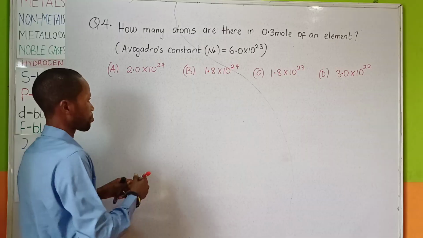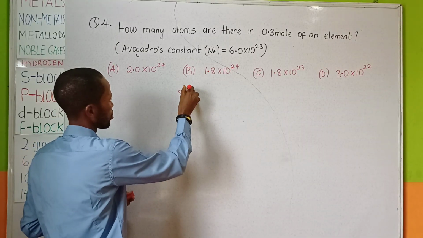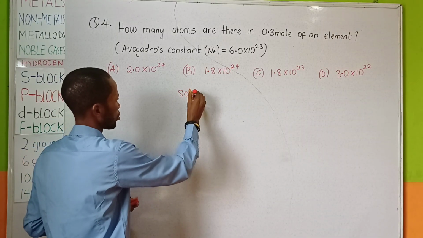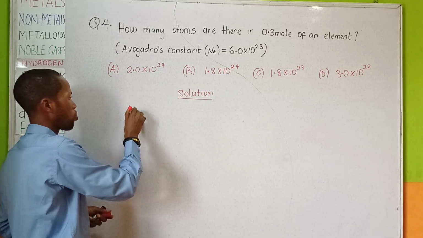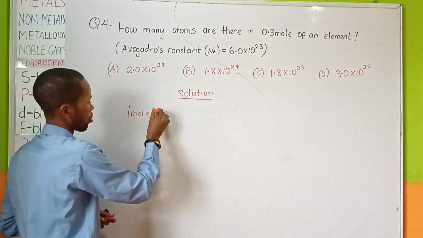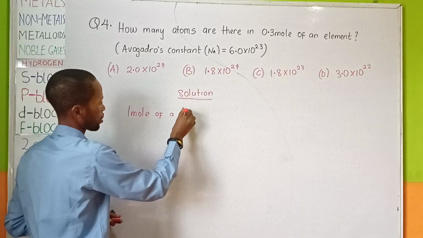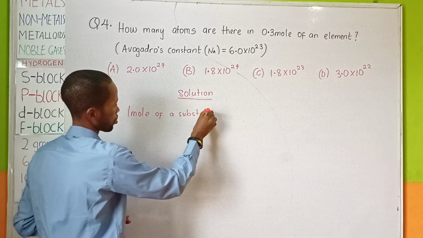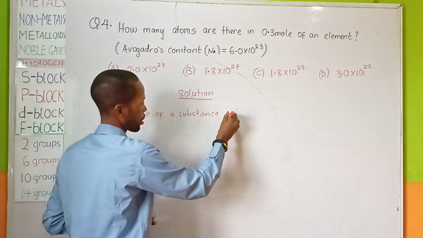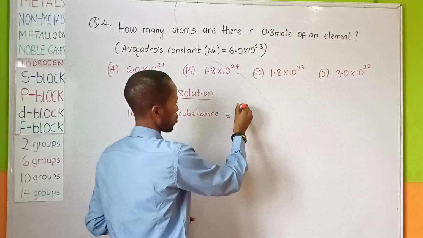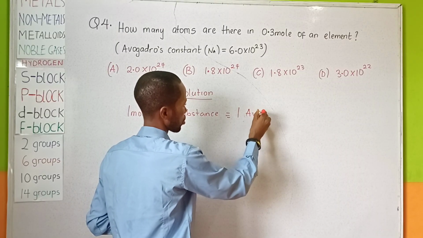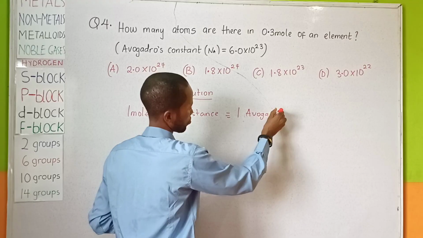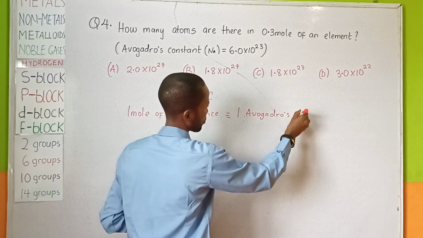Recall that one mole of a substance is equivalent to 1 Avogadro's number.